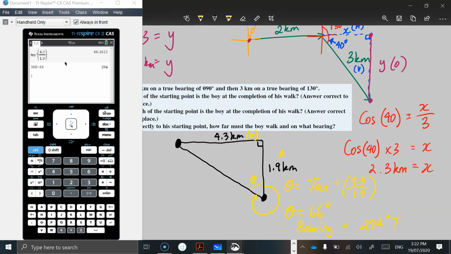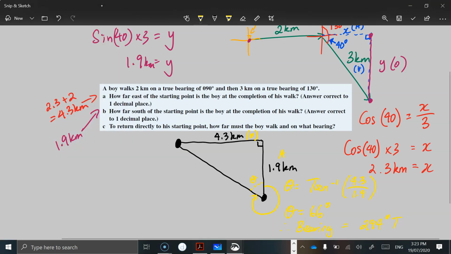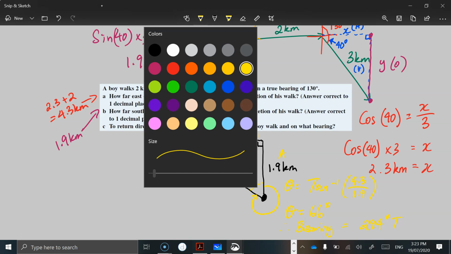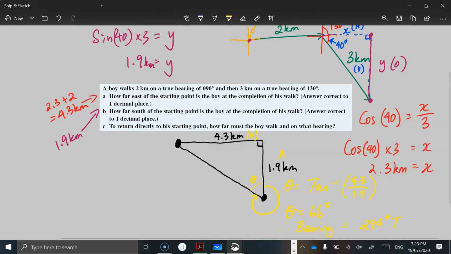Okay. Now the question is, how far must the person walk, or the boy walk? We need to work out what the hypotenuse is, and we can work it out through Pythagoras. So 1.9 squared plus 4.3 squared is equal to h squared. 1.9 squared is 3.61, and 4.3 squared is 18.49.